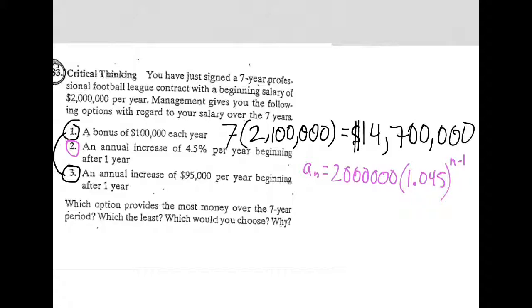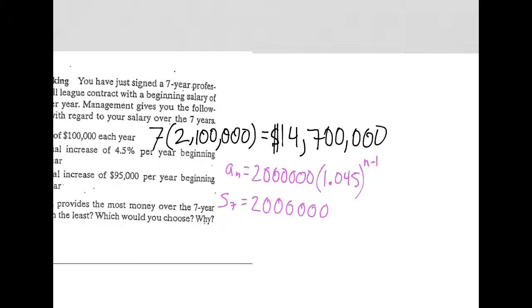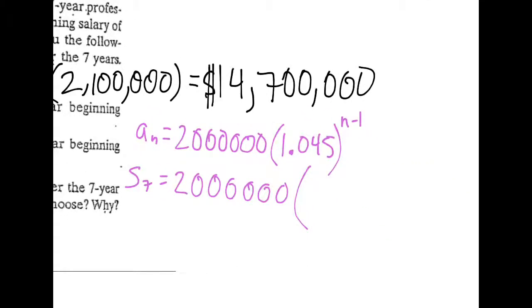So yes, this model does work, which means I can use my summation formula to find the sum of 7 years, which will equal my starting amount, 2 million, times this fraction, 1 minus my ratio, 1.045, raised to the power of the number of terms, which is 7 years, divided by 1 minus my ratio, 1.045.